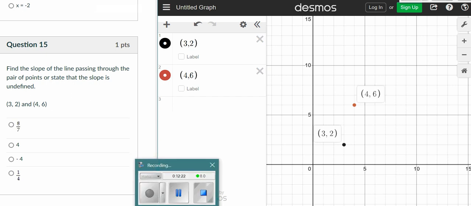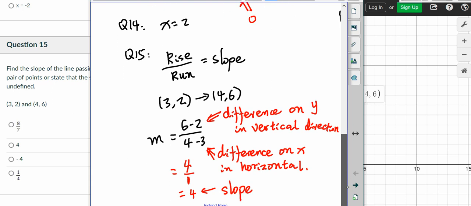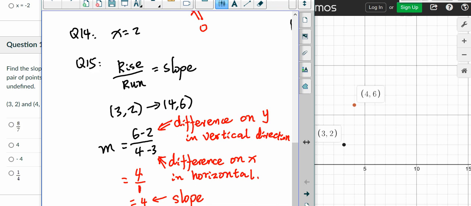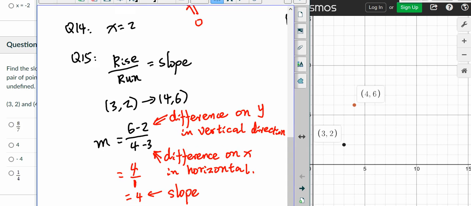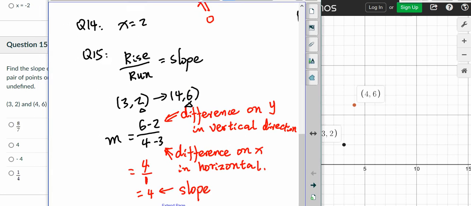Here is the algebraic way. You see here. So rise, you do 6 minus 2. And the run is 4 minus 3.